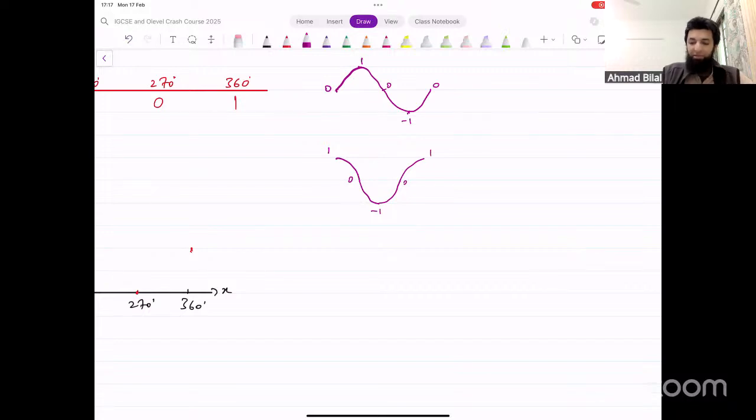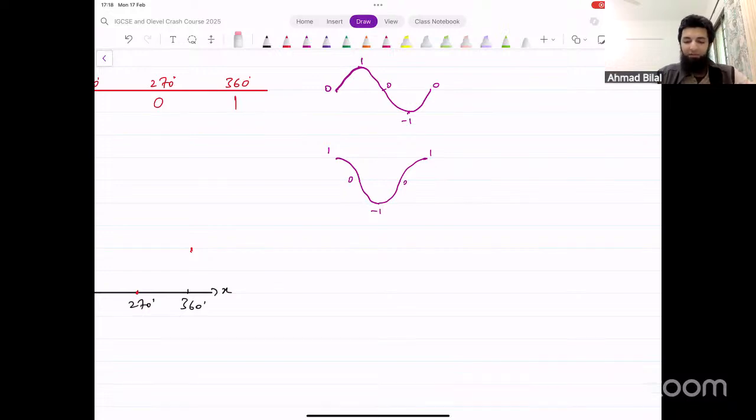These are the same shapes. If you were to extend them, they look exactly the same, right? The shape is exactly the same, but the starting points are different. Sine graph starts from 0. Cos graph starts from 1. That's the only difference between these two graphs, right?